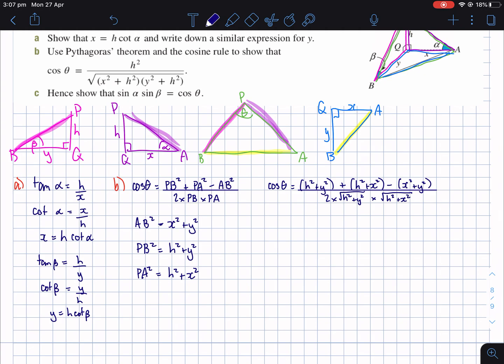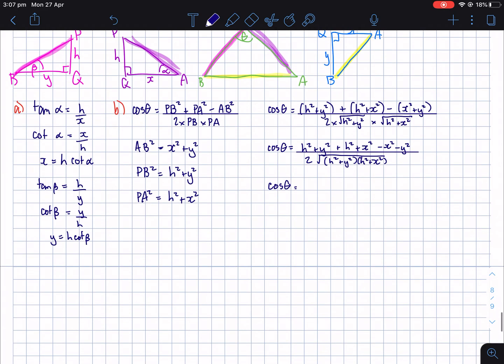Let's see what we get. So cos theta then is h squared plus y squared plus h squared plus x squared, take x squared, take y squared, all over 2, and then in the square root, I've got h squared plus y squared, h squared plus x squared. Well, I'm very close to having the answer it tells me I'm aiming for in the question.